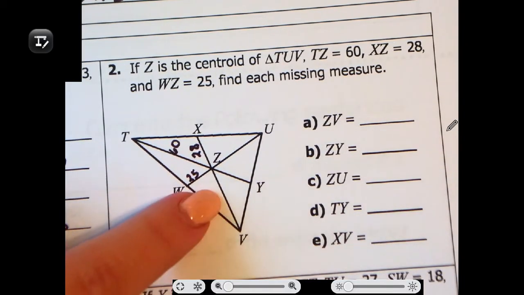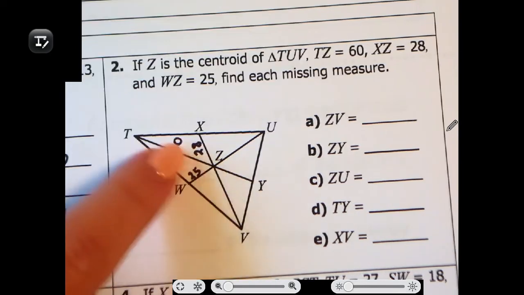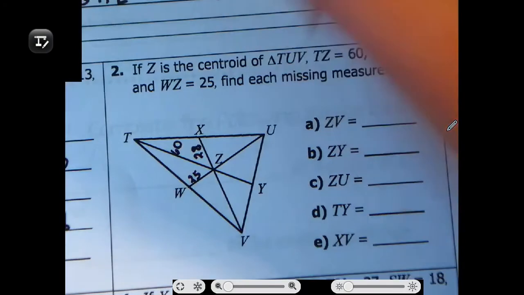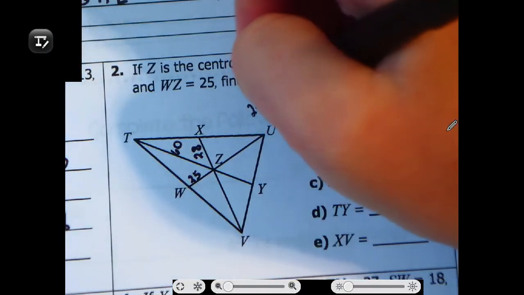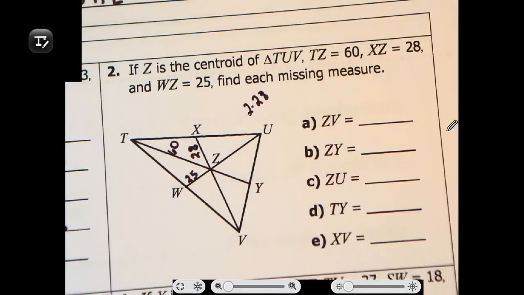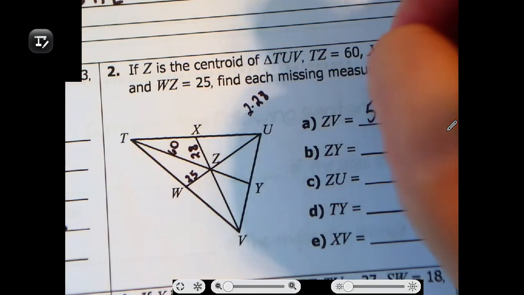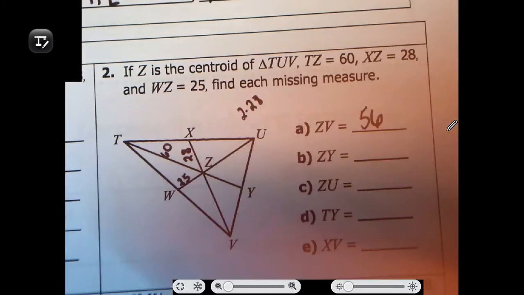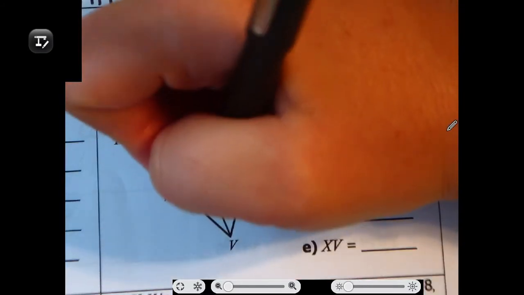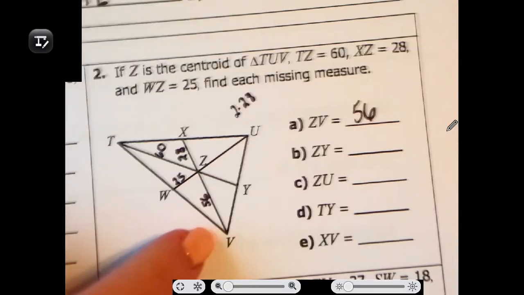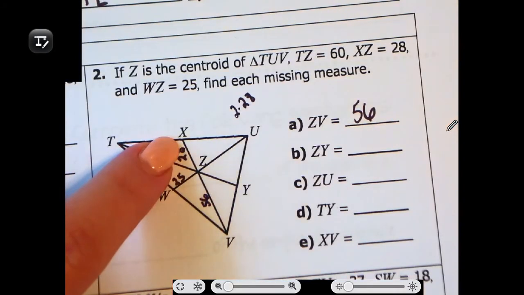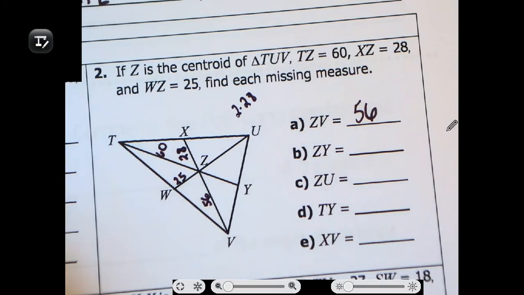The longer part is double the shorter part. So we need to double 28. So we're just going to do 2 times 28 over here, which is going to give us 56. Okay, so this is 56. So notice again, the longer part is double the shorter part.